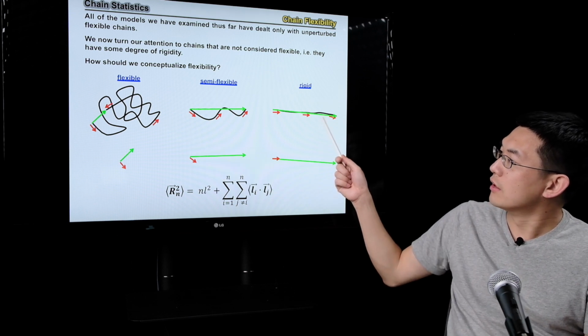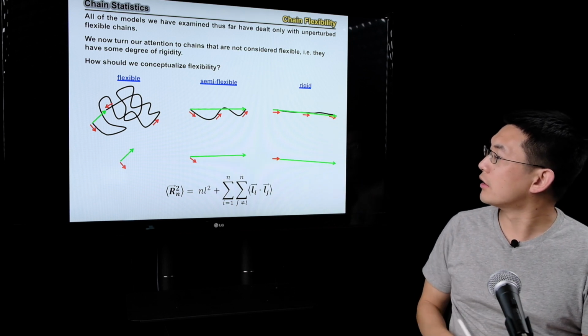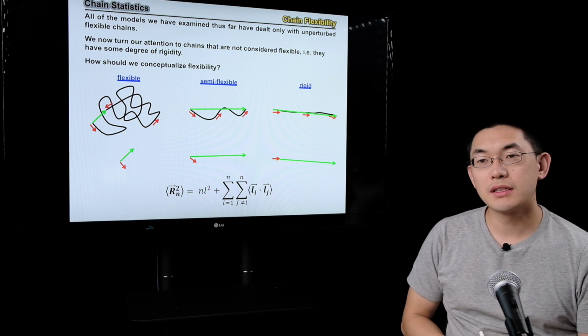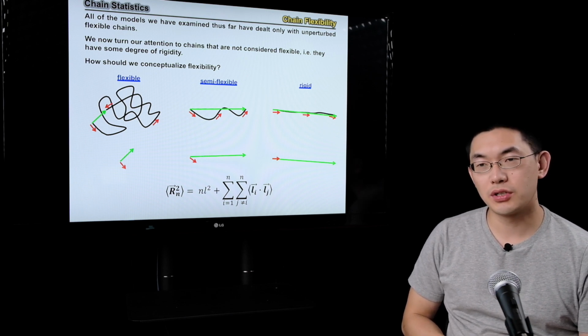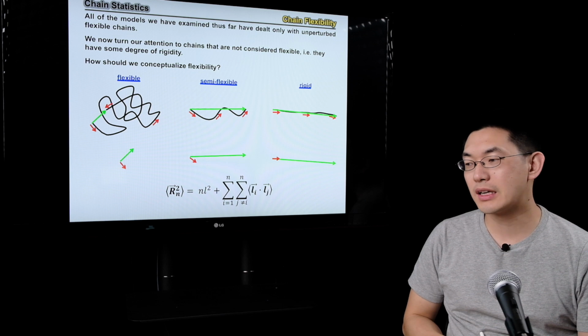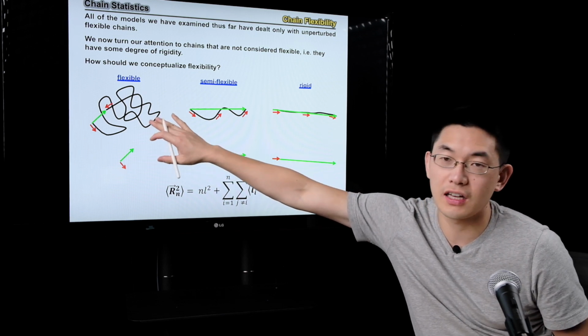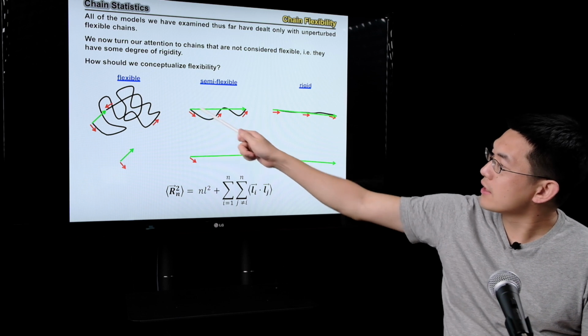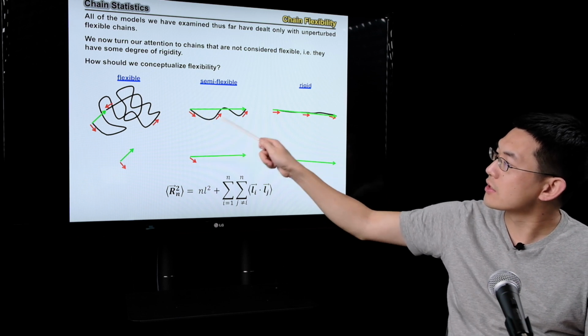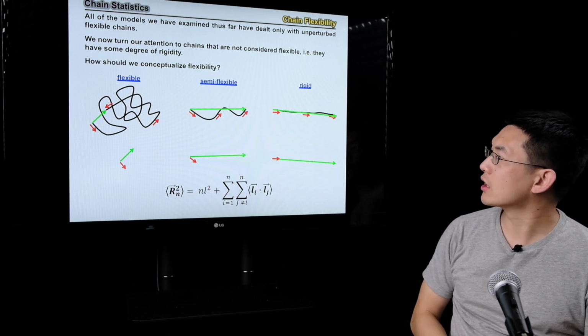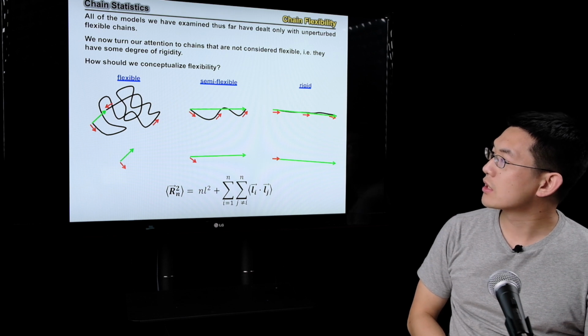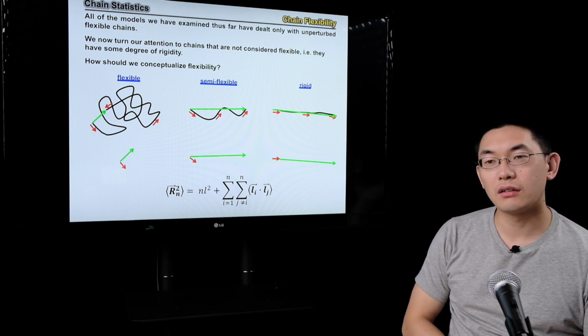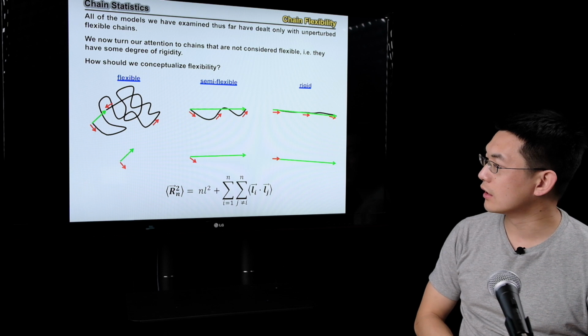And the last one is a rigid chain, which means the chain is very much like a rigid rod, so it doesn't behave like a flexible coil. We show two arrows. One is the end-to-end distance, the other is the local direction of the chain conformation. As you can see, they would impact how your chain conformation looks.